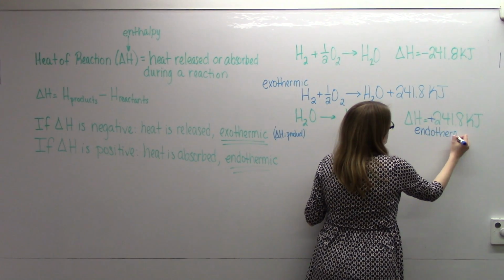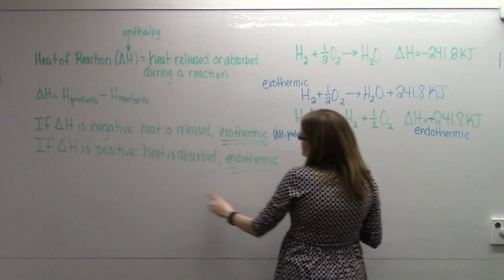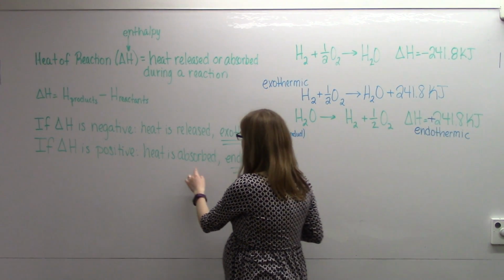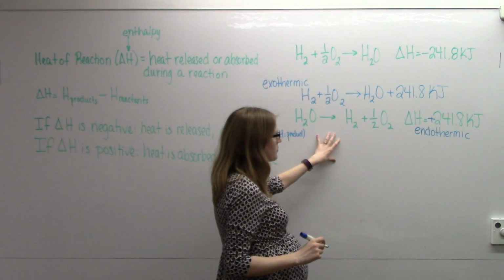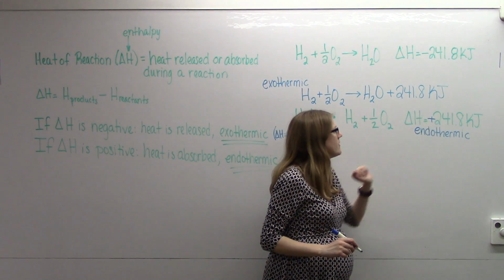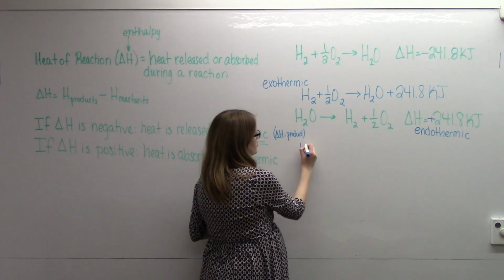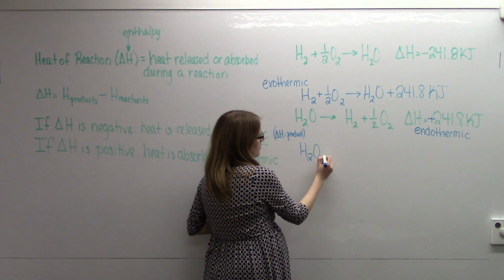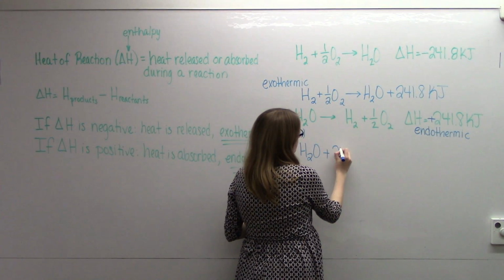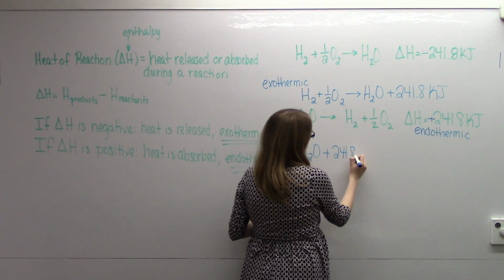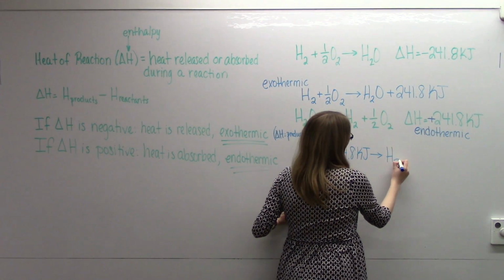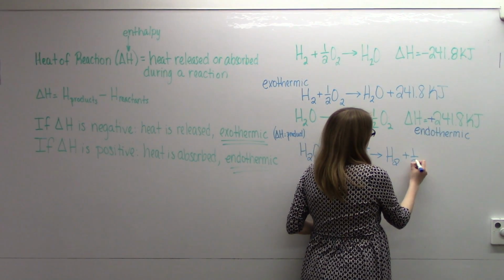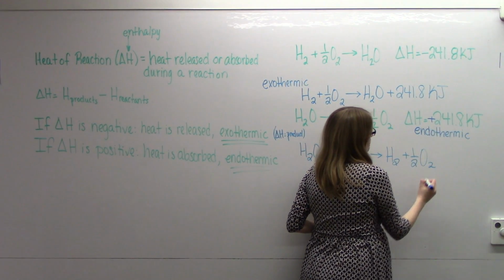As we come here, we see that when delta H is positive, heat is absorbed and it's endothermic. So we could rewrite this reaction to get the heat in there, and that would be H2O plus 241.8 kilojoules yields H2 plus 1/2 O2.